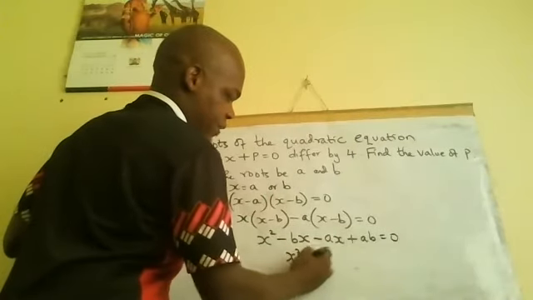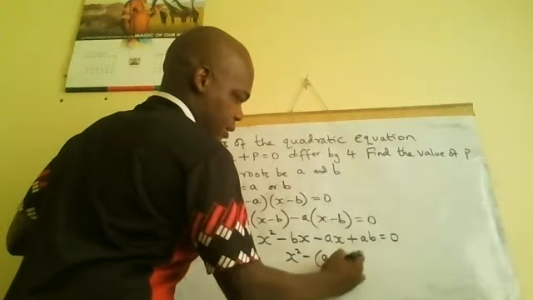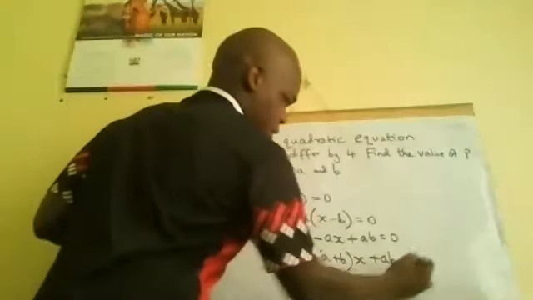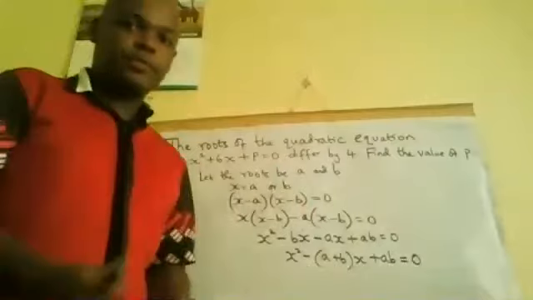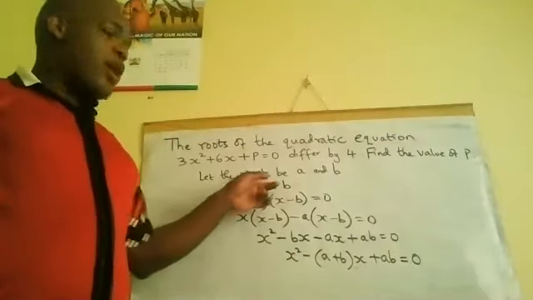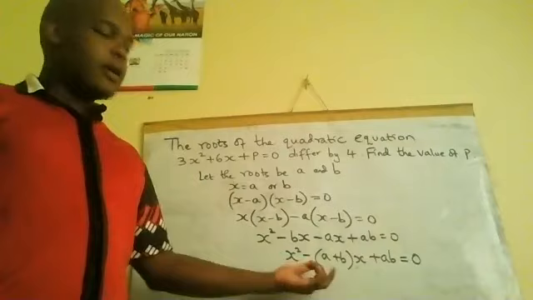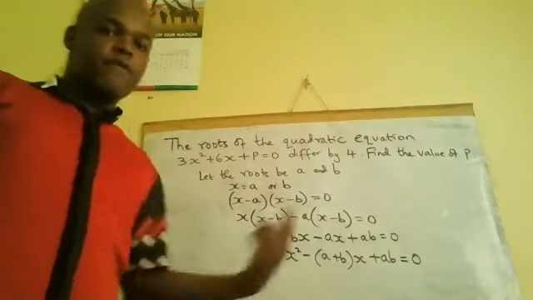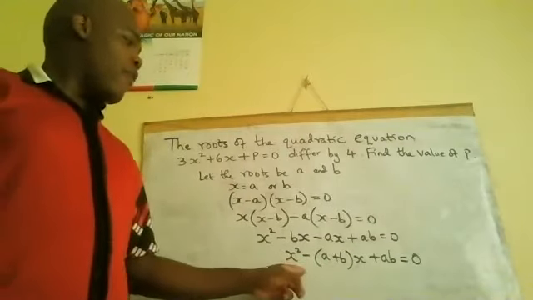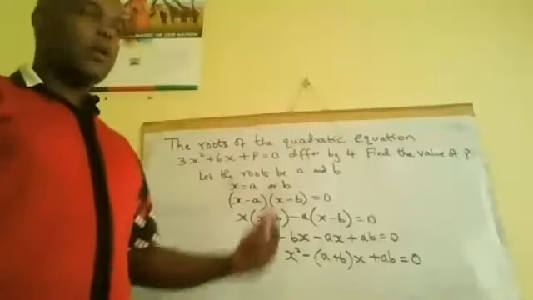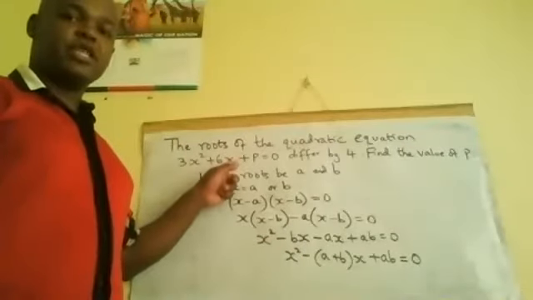And then you write it like this. So, when the roots are A and B, you will come and give your answer in this form, because this form will help us tackle questions of this nature.